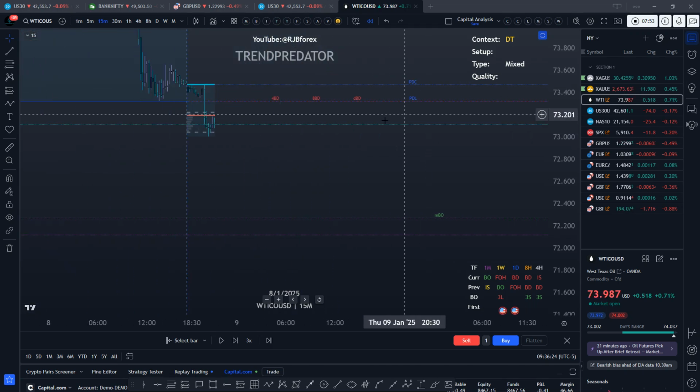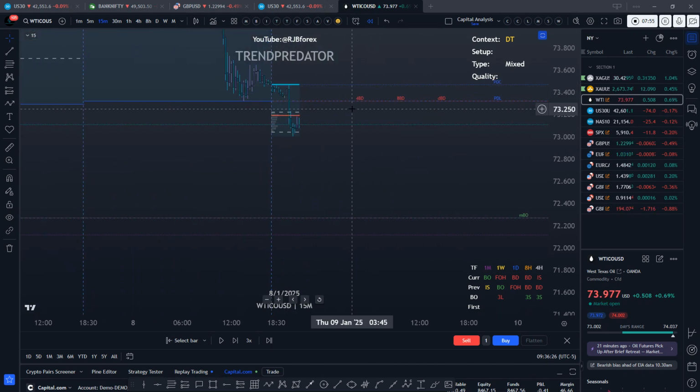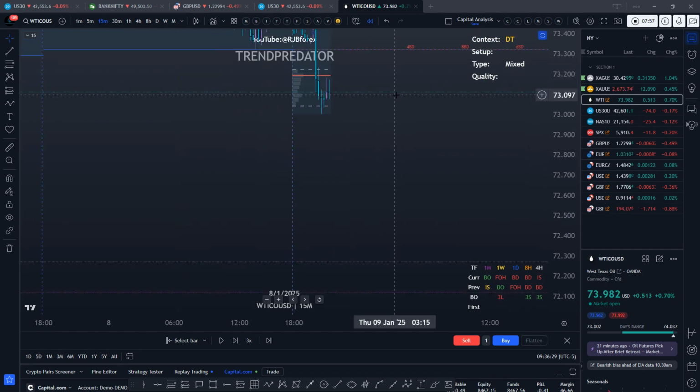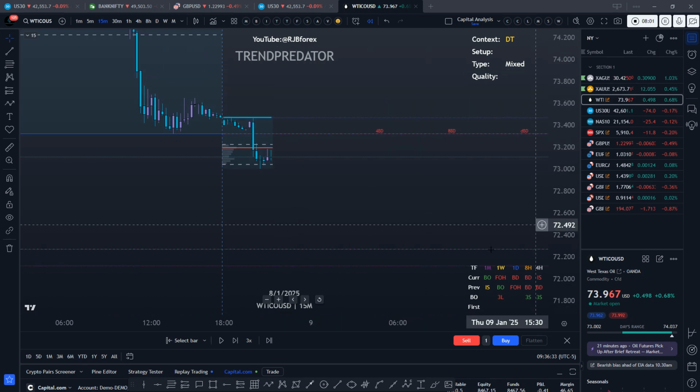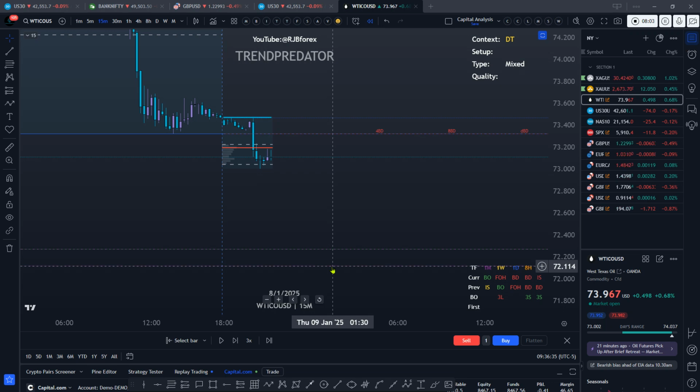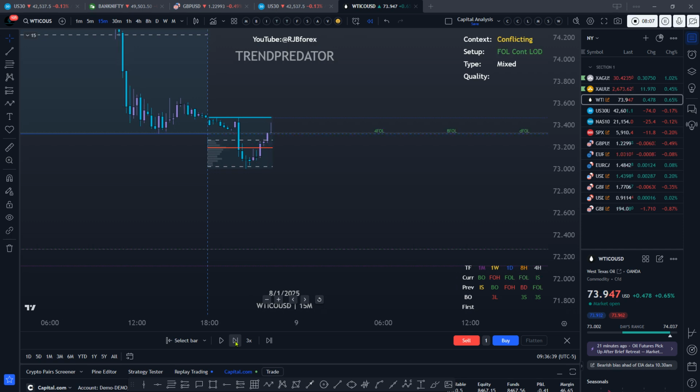So in this scenario, there are prospects of a downside continuation towards the monthly breakout level. But that's not what we got.